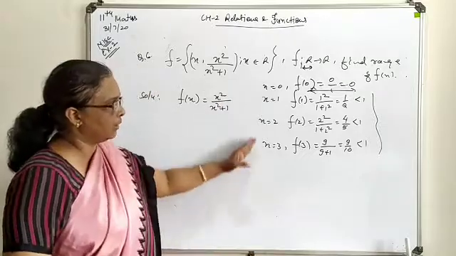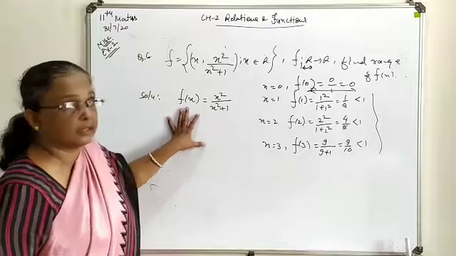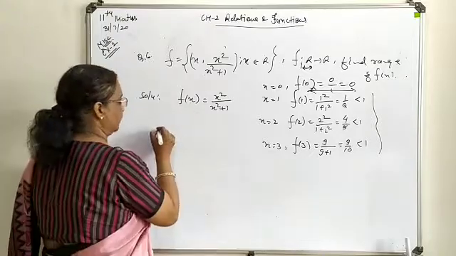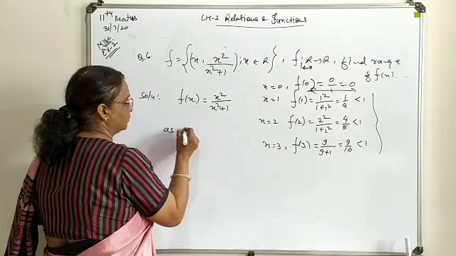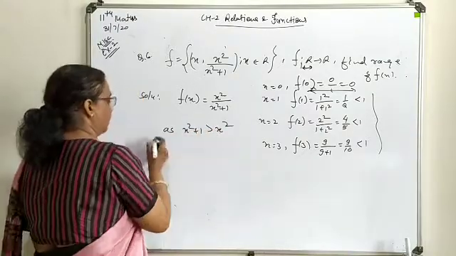So from the conclusion of all this evaluation we can write the range of this function, as x square plus 1 is greater than x square.